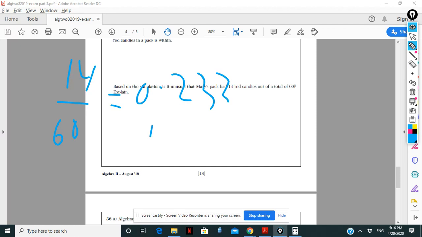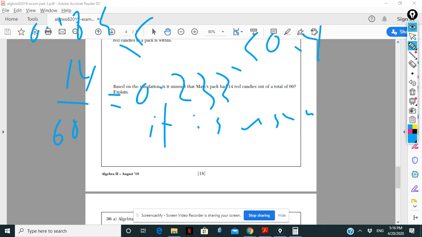It's not unusual, it's usual. It is usual because this is in between 0.185 and 0.417. So that's why it's usual.